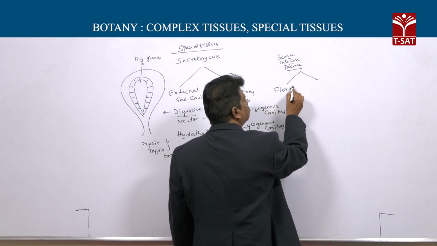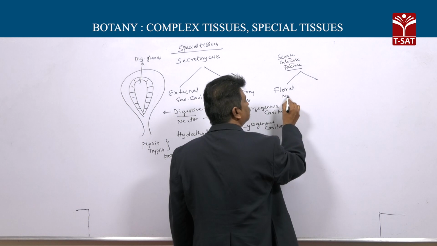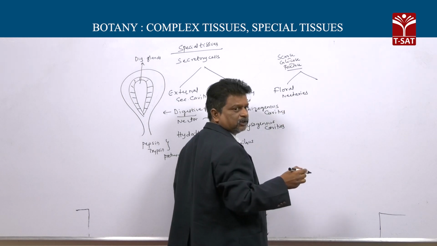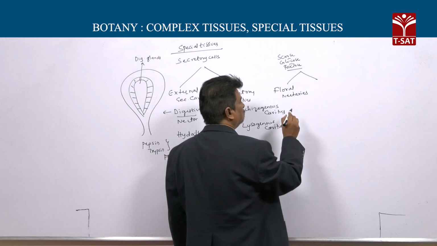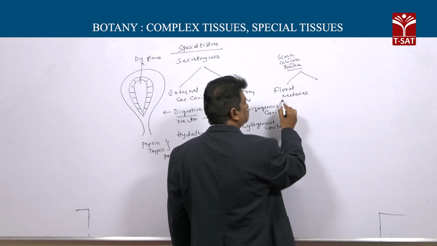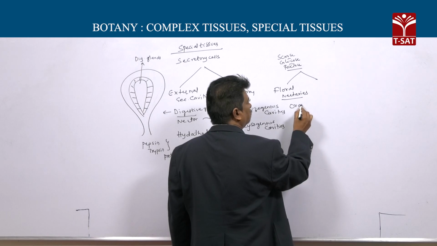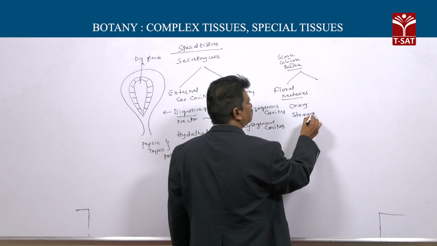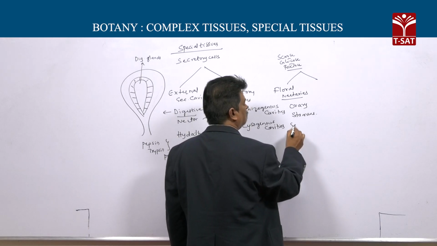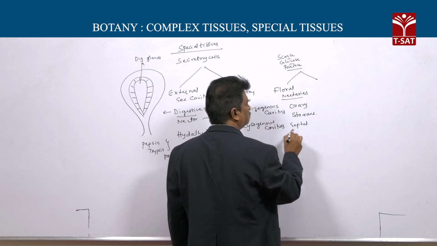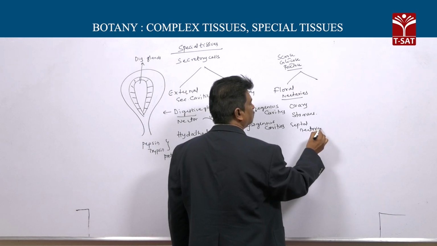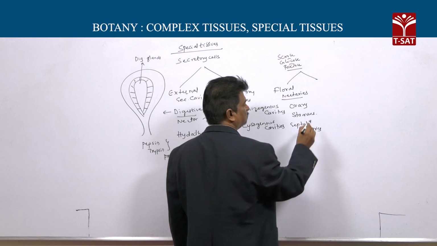If nectar is present on floral parts, rightly called floral nectaries. Either nectar present on ovary or on stamens or on septa, rightly called septal nectaries.